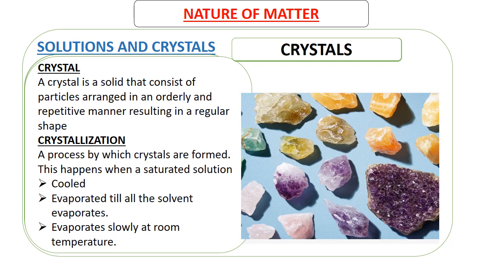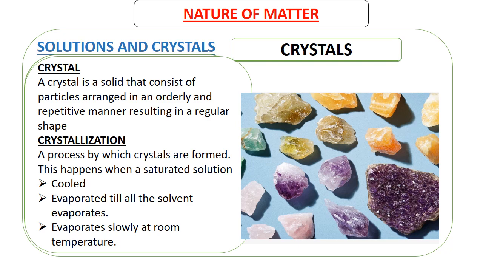The last way in which you can form crystals from a saturated solution is to evaporate it slowly at room temperature. Room temperature is just the normal temperature. So you can just get your solution, put it anywhere, and let the water evaporate. If it can evaporate, what you're going to get at the end of the day are crystals.